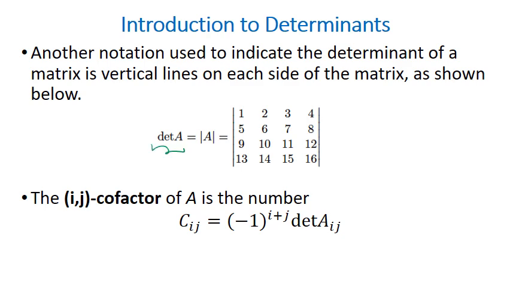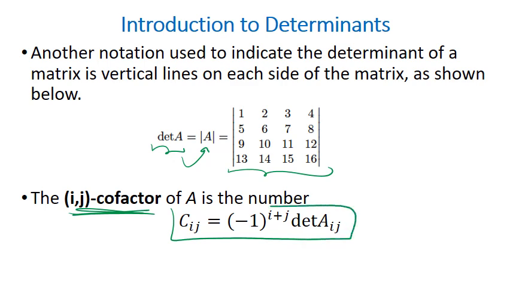So the determinant of A can be represented in this manner here, which I spoke of briefly. But this definition helps us with the next theorem. So the IJ cofactor is found by using this formula, essentially.